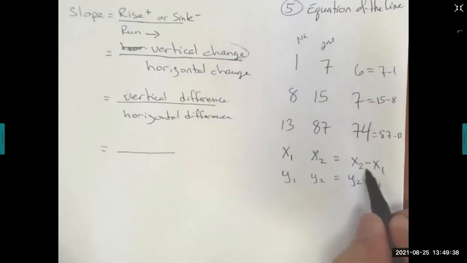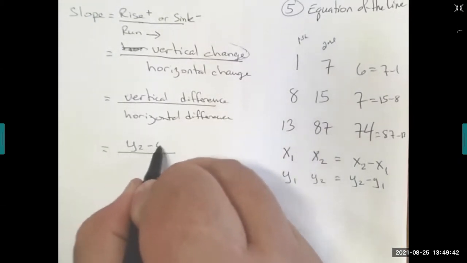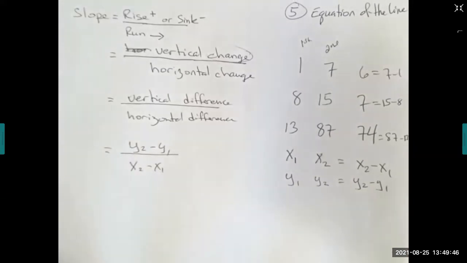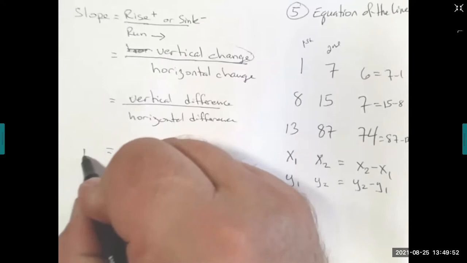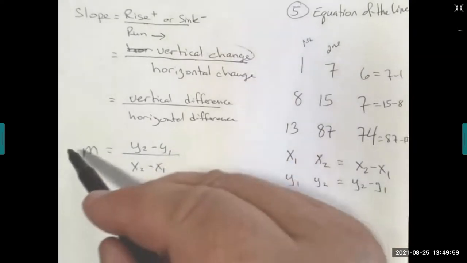Remember, x is the horizontal, y is the vertical. So vertical difference is y2 minus y1 over x2 minus x1. All this defines the slope. And to make it easier for us, we use the letter m as the slope. So there's your formula.